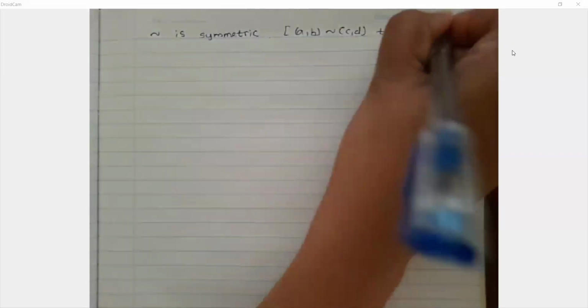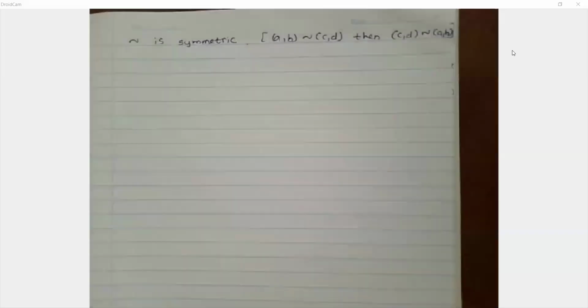This means if (A, B) is equivalent to (C, D), then we must have (C, D) equivalent to (A, B). This is what we have to show, right?